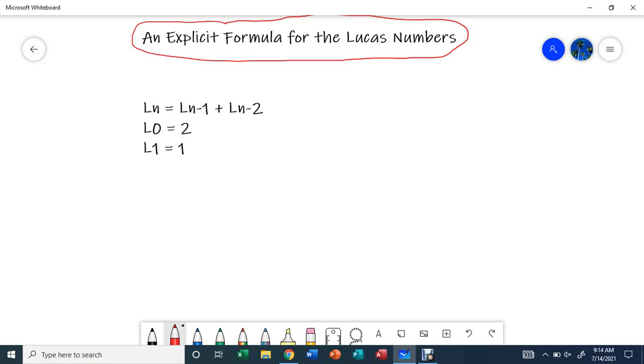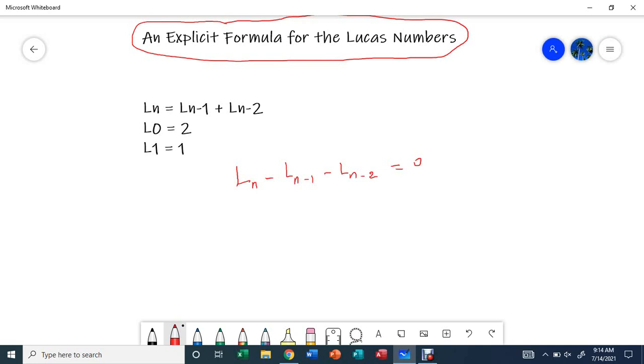So first, let's move everything to one side and make it equal to 0. So L_n minus L_(n-1) minus L_(n-2), the whole thing equals 0.